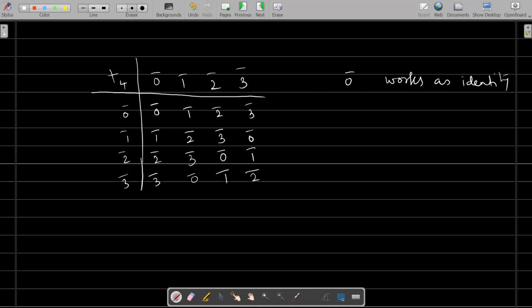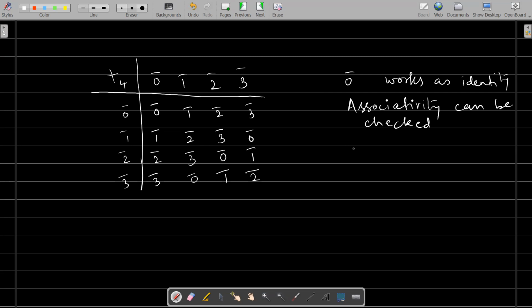Associativity, you can check case by case because there are finitely many elements. So you simply say associativity can be checked because it's a finite set. And for each element, there is an additive inverse.